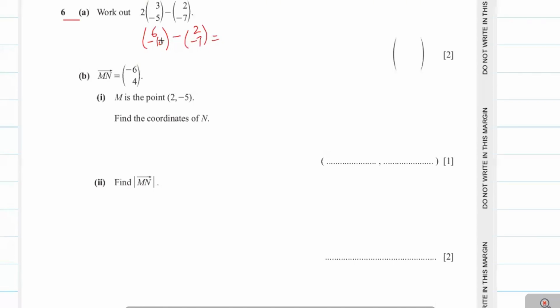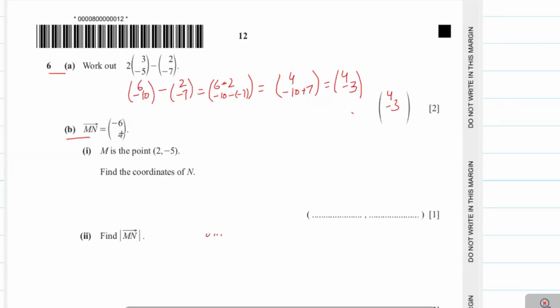In the next step, we will subtract the column vectors, 6 minus 2, and the second value we will simplify: -10 minus -7, and this value will be equal to 4, then -10 plus 7, which is equal to -3, and this is the answer: (4, -3).